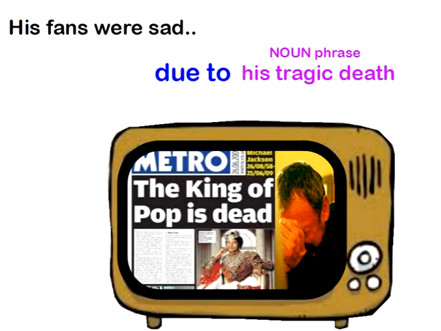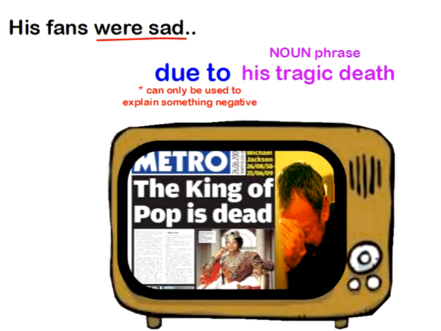However, due to is a little bit different with the aspect that I can only use due to explain something negative. So if you think about this, his fans were sad. Well, that's definitely a negative thing. And if I'm describing why this is negative, why this is bad, right? His fans were sad.